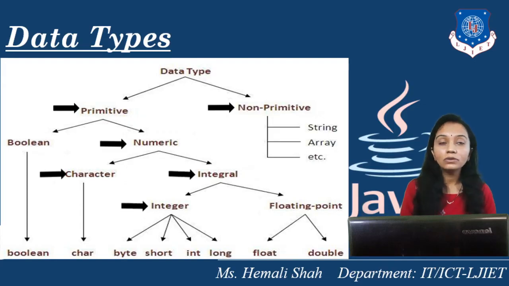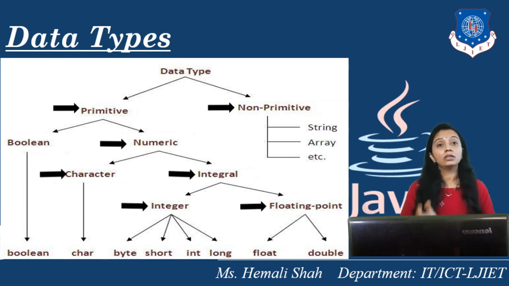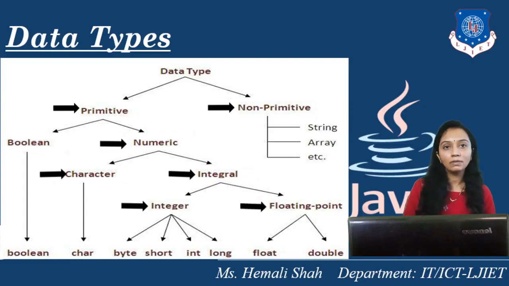For integer values, that means non-floating values, you can use the byte, short, int and long data types. So four integer kinds of data types are available in Java. Now to store a floating point value, two data types are available: float and double.